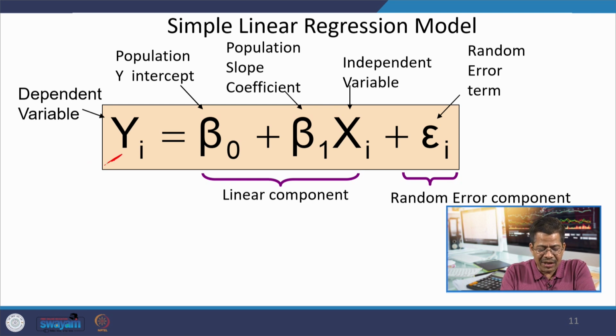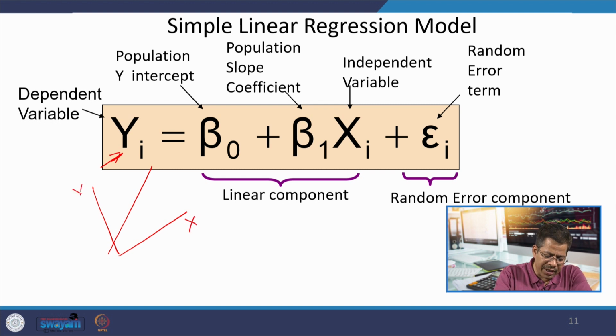Y is the dependent variable, as we have already discussed. The regression equation is like this. It is x, this is y, and this is the line which is the line of regression.